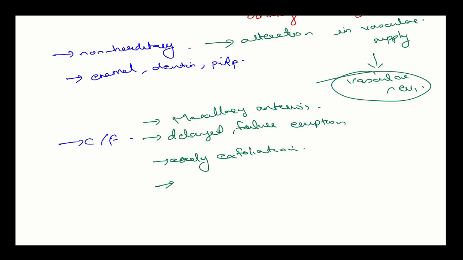This can lead to delayed or failure of eruption, and if at all erupted, early exfoliation. As pulpal involvement is very fast, it can lead to abscess formation. Also, structural involvement will be there, because enamel, dentine, everything is affected, so there will be small, irregular crowns. Then there will be discoloration, yellow or brown, depending upon enamel or dentine.